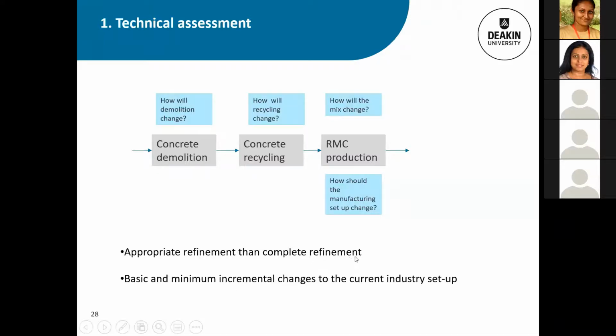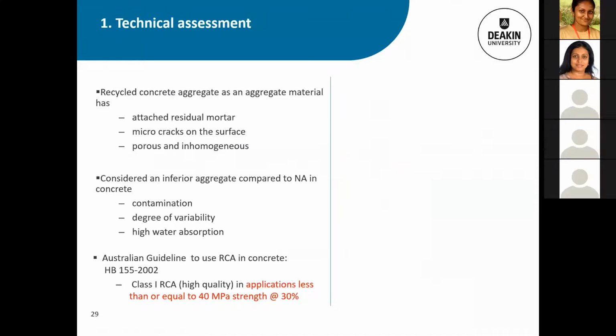So rather than achieving purity in the material, I focused on practically crushing it and separating it with a very simple separating mechanism. Secondly, I used the current industrial setup as much as possible. It was not about designing new machinery or equipment, but using the existing recycling and ready-mix concrete manufacturing facilities and making incremental changes to those. Those were the two assumptions considered.